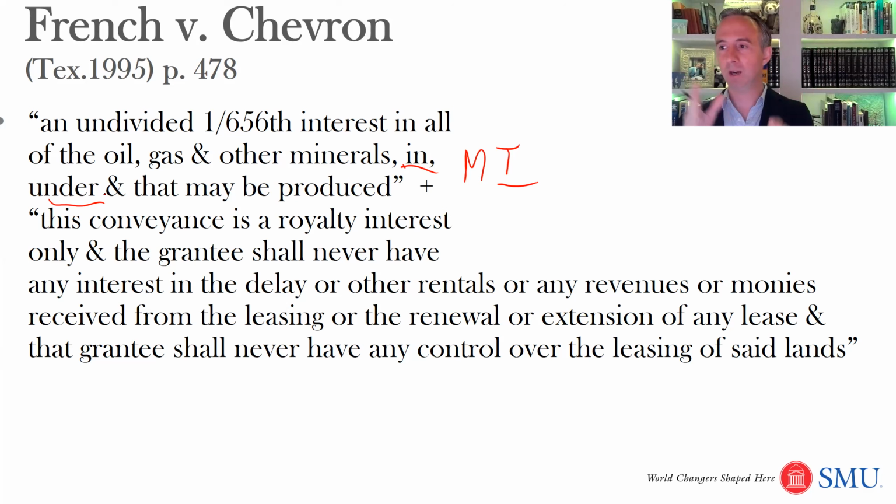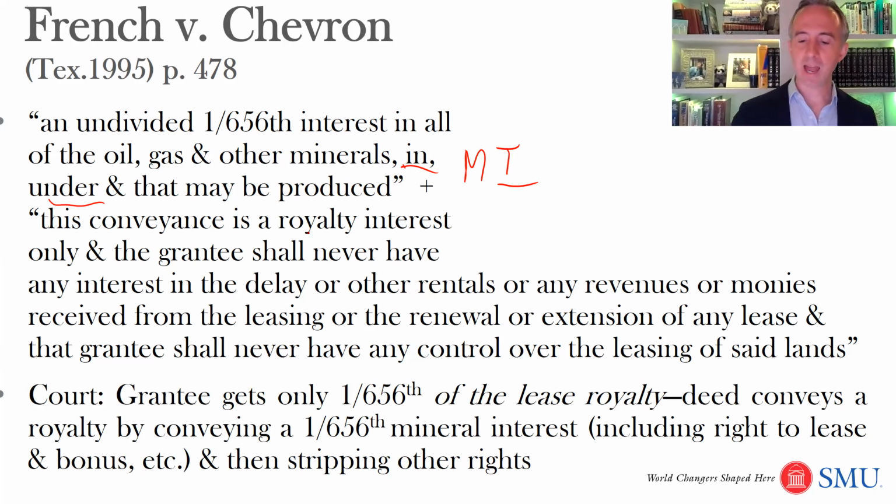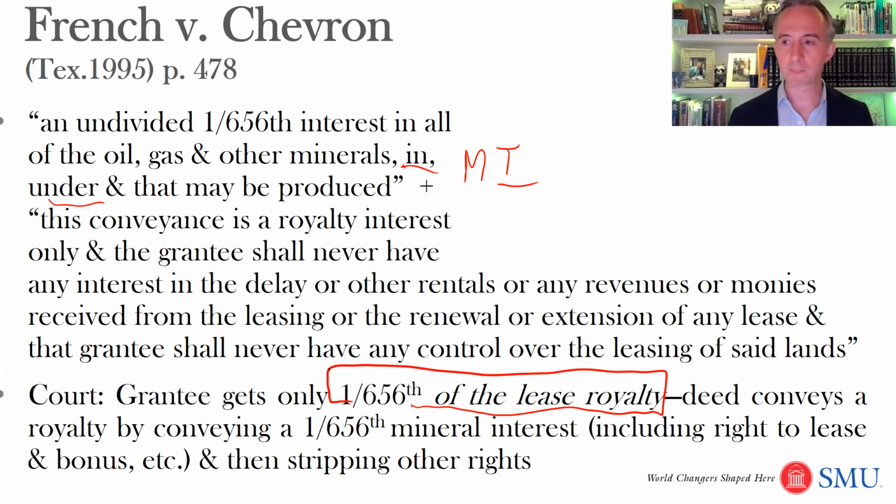That would come with 1/656 of the delay rentals, shut-in royalties, etc. And they say no, it's not that. In fact, it's a royalty interest only. Okay, what does that mean? Well, the court says this means that they only get, as they would with a mineral interest, 1/656th of the lease royalty.